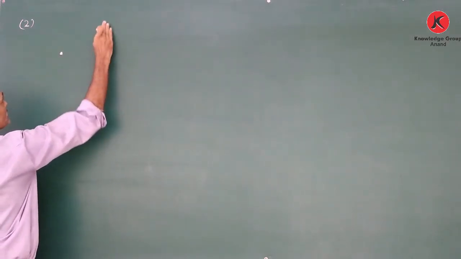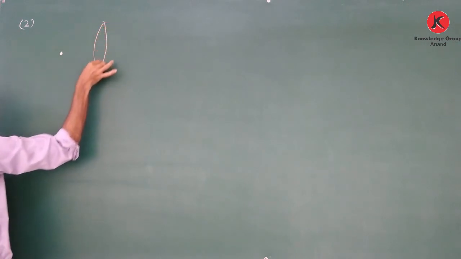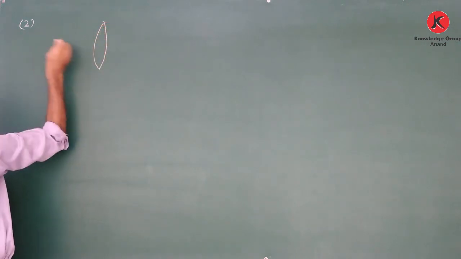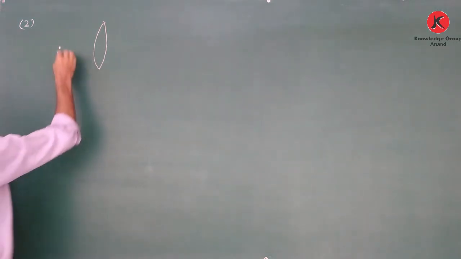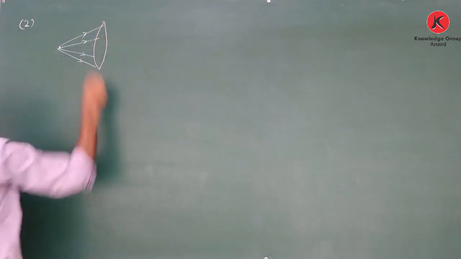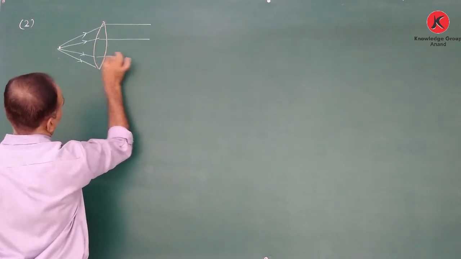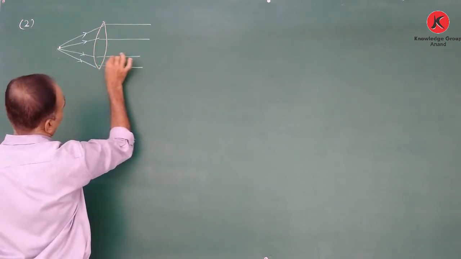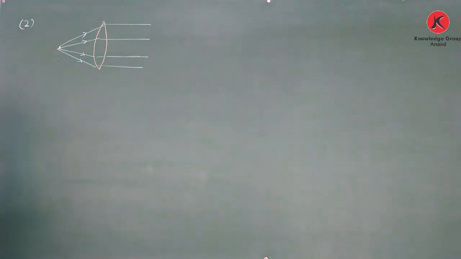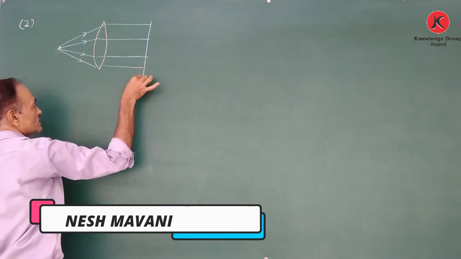That is the convex lens, and the point-like source is placed here. The rays coming from the point-like source are incident on the convex lens, and after refraction, these rays become parallel. Therefore, the plane wavefront is obtained, like this.